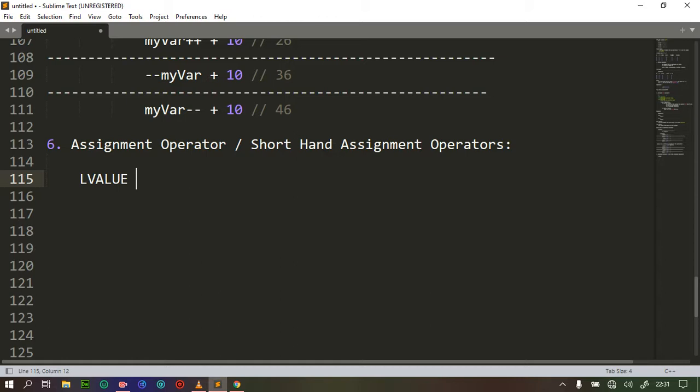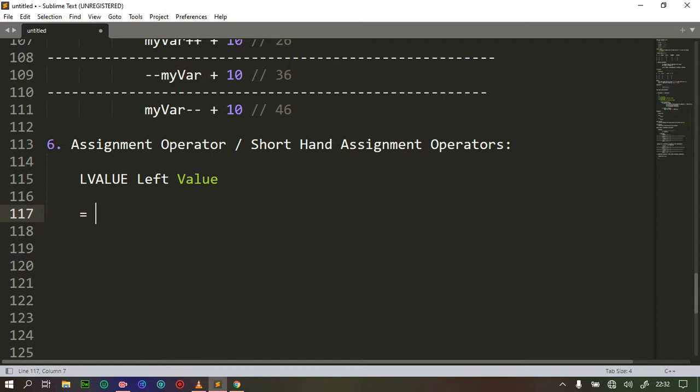L value stands for left value, and this is very common. Now, what do we call an assignment operator? It's what you call equals, but in programming, the moment you say equals, that is something totally different. So for our case, the equal sign is called an assignment operator.